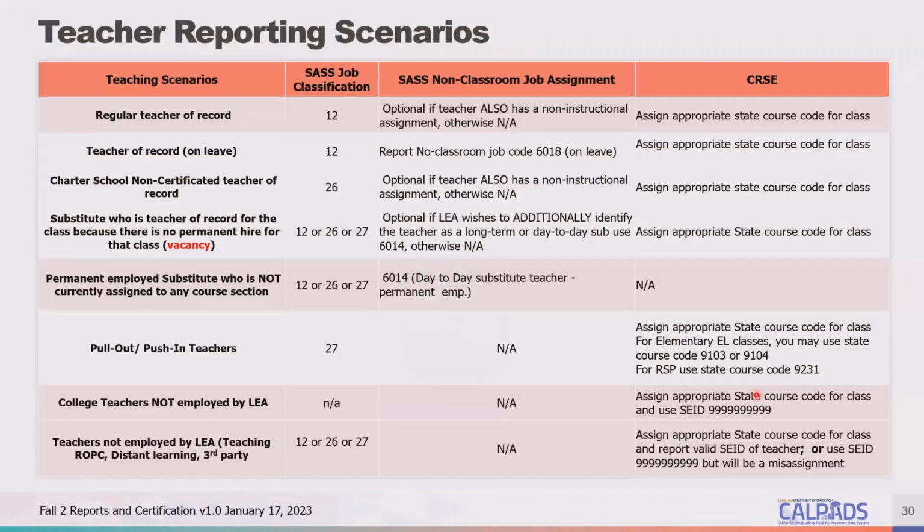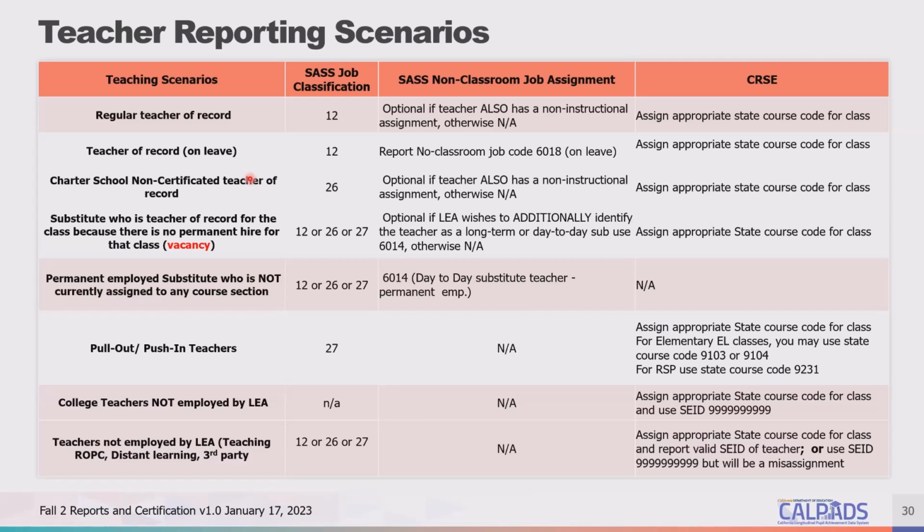So here is a matrix of some scenarios that are common for fall 2 reporting. I won't delve into all of this, but I'll focus on the teacher of record, substitute teachers, and push in pull out. For teacher of record, we expect you to report the teacher of record to a class in CalPADS.